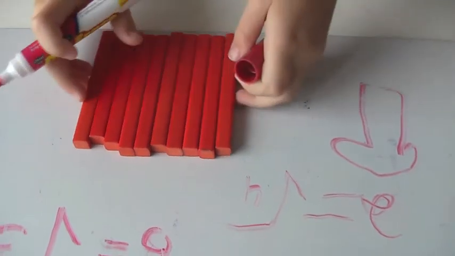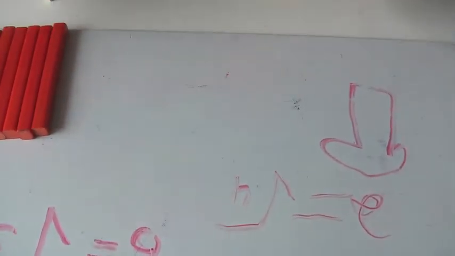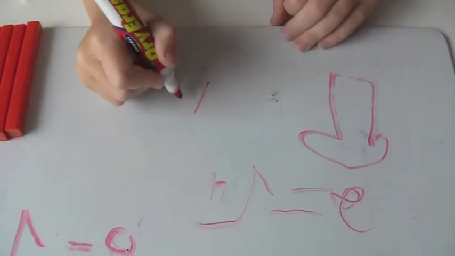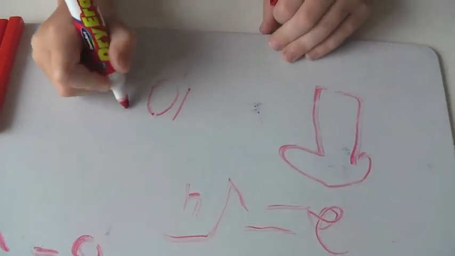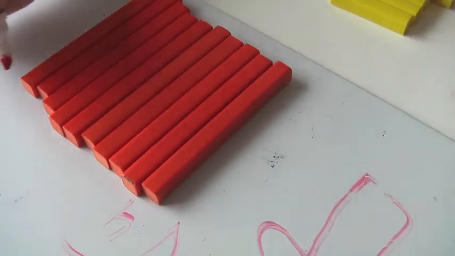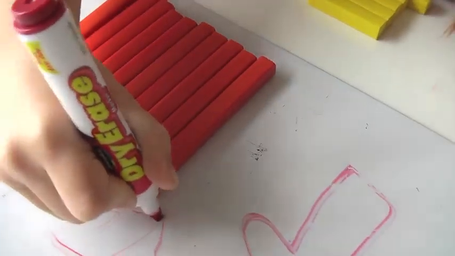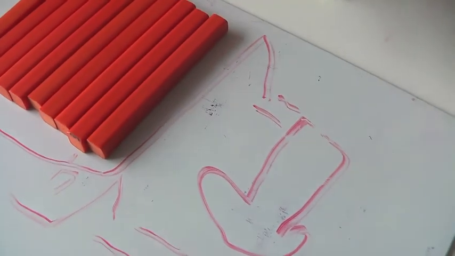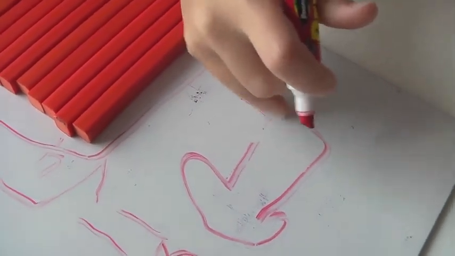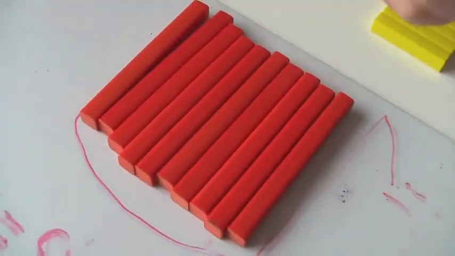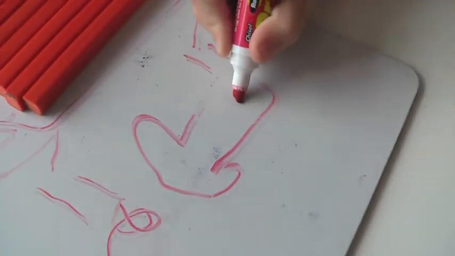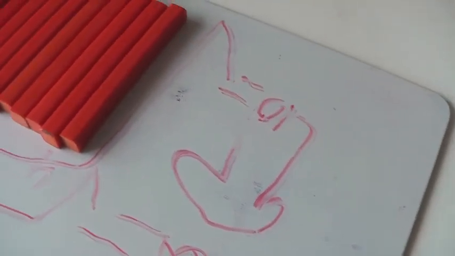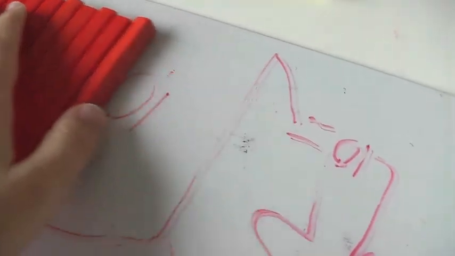Yeah. You're going to write 100? Yep. The square root sign around it? Okay. Wow. Equals. What's one side of our square? 10. 10 equals the square root of 100.